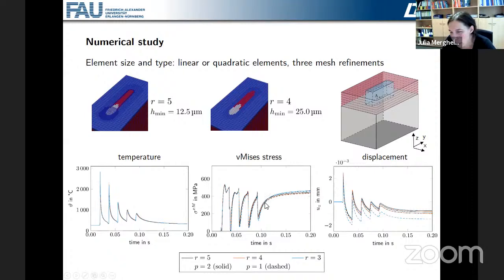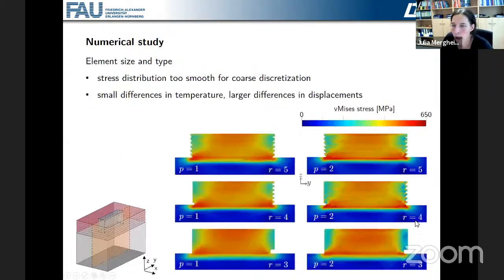For the stresses, actually the same holds, only for the very coarse discretization, we see here small deviations, but in the end, the stresses for all meshes are quite similar. The largest differences are actually obtained for the displacement. Here we see the displacements in Z direction over time. And we see that for the coarsest discretization, the displacement is quite far away from the reference solution.